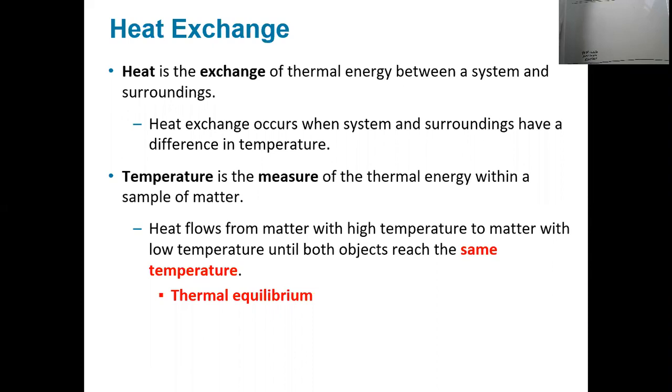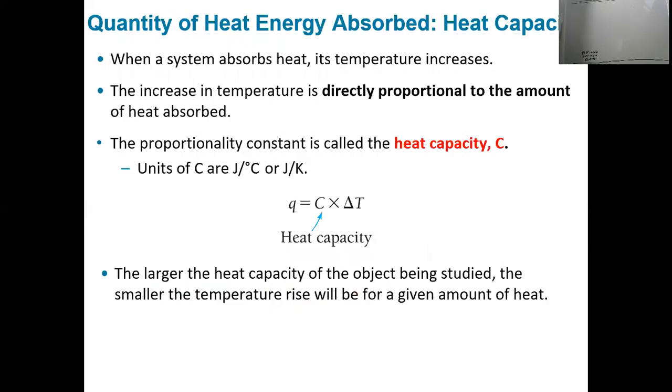Heat is going to flow from whatever material has the higher temperature to whatever material has the lower temperature until both of the objects have the same temperature. And at that point, where the temperature values are the same for both of them, that is called thermal equilibrium. Thermal equilibrium is a way to think about the final temperature of a reaction between the system and the surroundings.